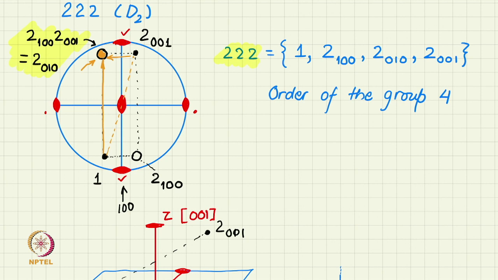Now, how does the vertical two-fold act on this horizontal two-fold? By 180 degree rotation. If you rotate this two-fold about 1 0 0 by 180 degree, this axis goes into itself. So, by the action of the vertical two-fold on the horizontal two-fold, I do not expect another two-fold at 90 degree to it, because the two-fold can rotate the axis only by 180 degree.